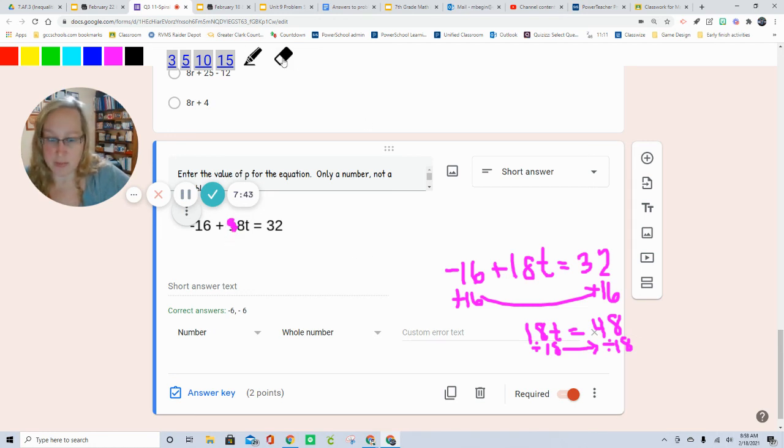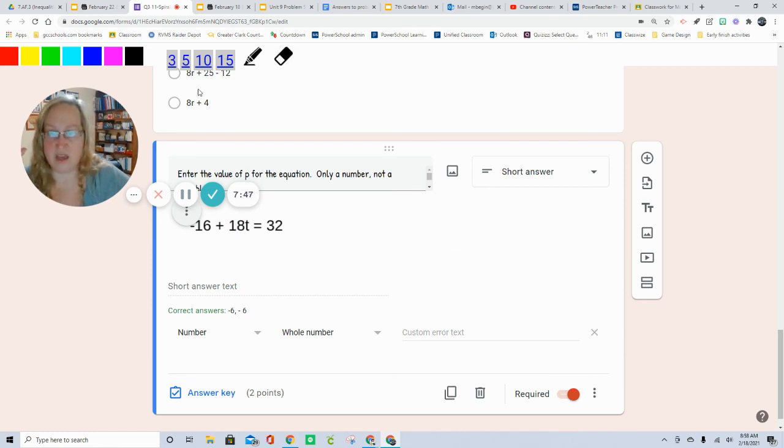So let's solve that problem that way. So if this was just an 8, so let's pretend like this is really negative 16 plus 8t equals 32. I will correct this, but this is a picture, so it's a lot more work to do.